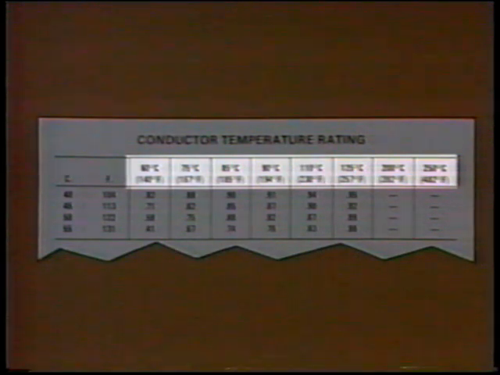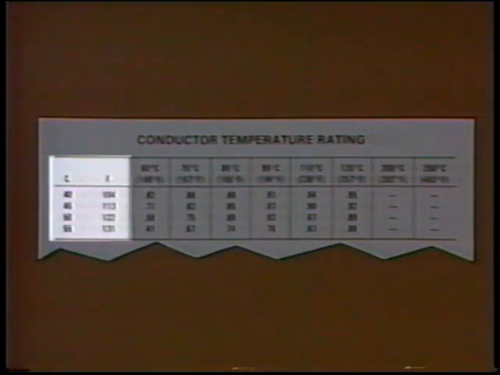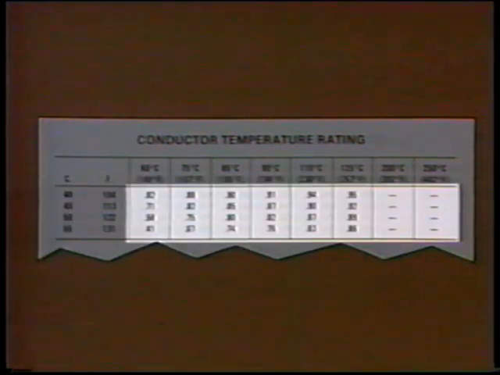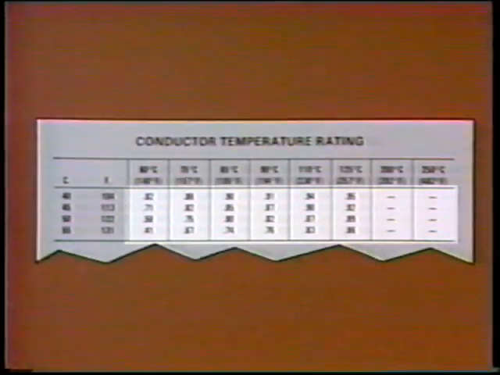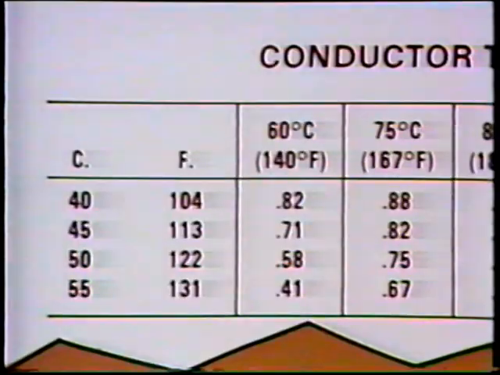To use this chart, you look down the far left column until you've located the temperature that is equal to or exceeds the actual ambient temperature you're working with. Then, moving across from left to right, you locate the derating correction factor that's listed under the maximum operating temperature for your conductor.